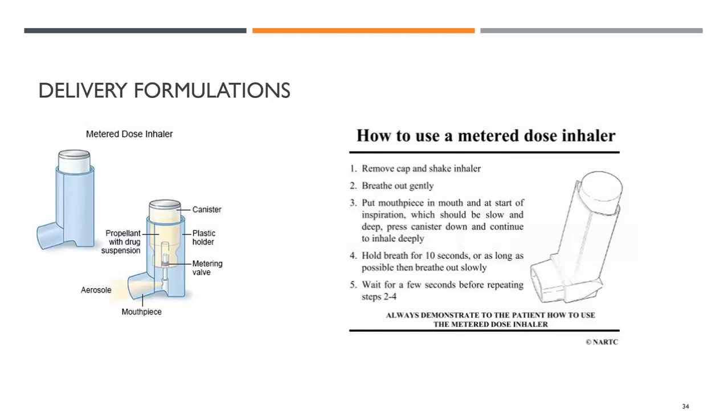If they're using 2 puffs, wait a few seconds before repeating steps 2 through 4. If it's a new patient getting an inhaler, you always want to demonstrate how to use it because 50% of asthmatics do it wrong. Probably greater than 50% do it wrong.